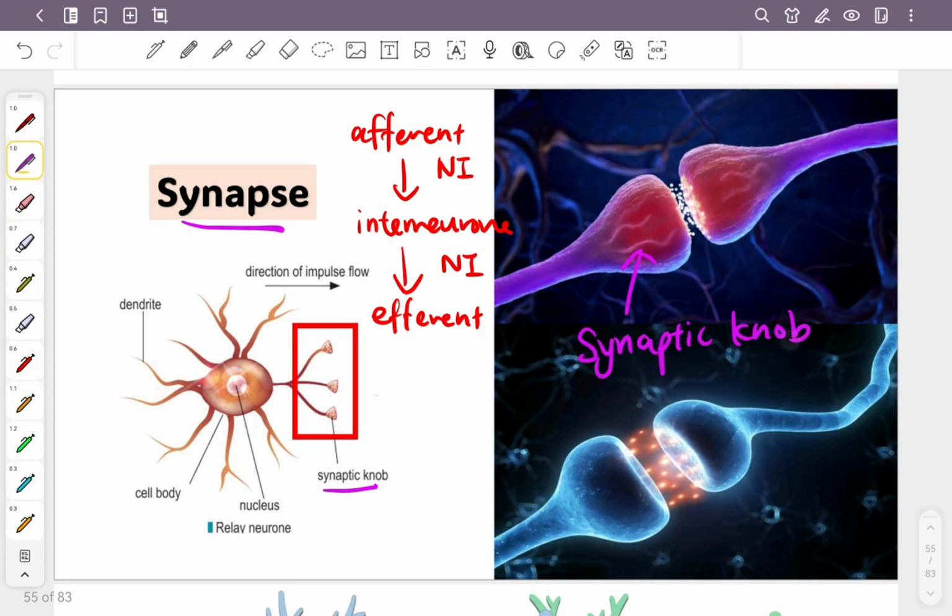This one might be the dendrite. You still remember dendrite? Dendrite is the part of the neuron that receives the nerve impulse, right? They transmit the nerve impulse like this. If you look at the electron microscopic diagram, it will be like this.